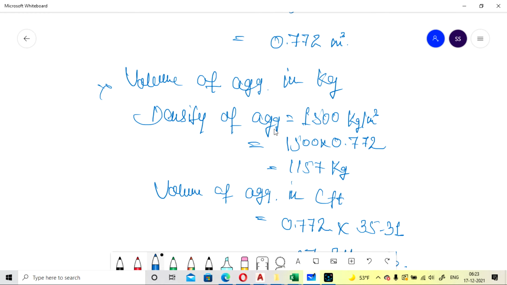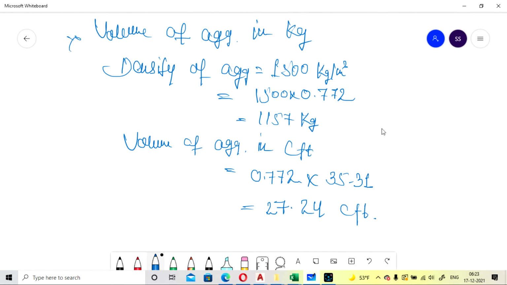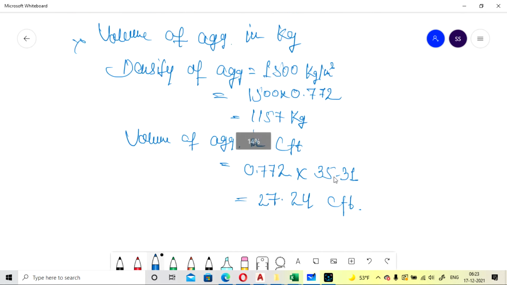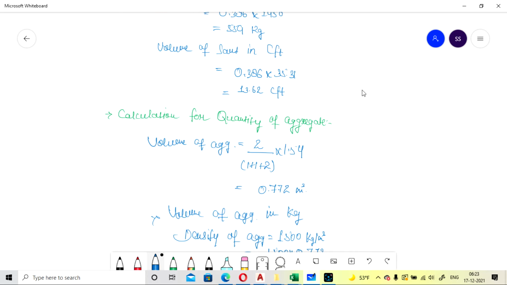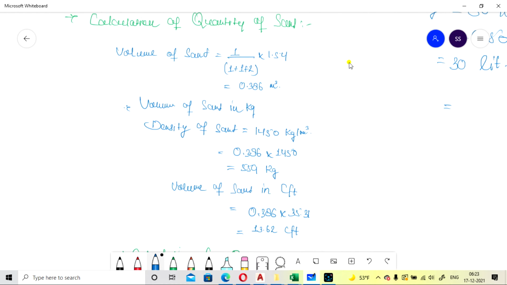Here we are taking the density of aggregate as 1500 kg per meter cube. Generally these values are used if you don't have any accurate data. So 1500 multiplied by 0.772 comes to 1157 kg. The volume of aggregate in cubic feet will be 0.772 multiplied by 35.31, which comes to 27.24 cubic feet.